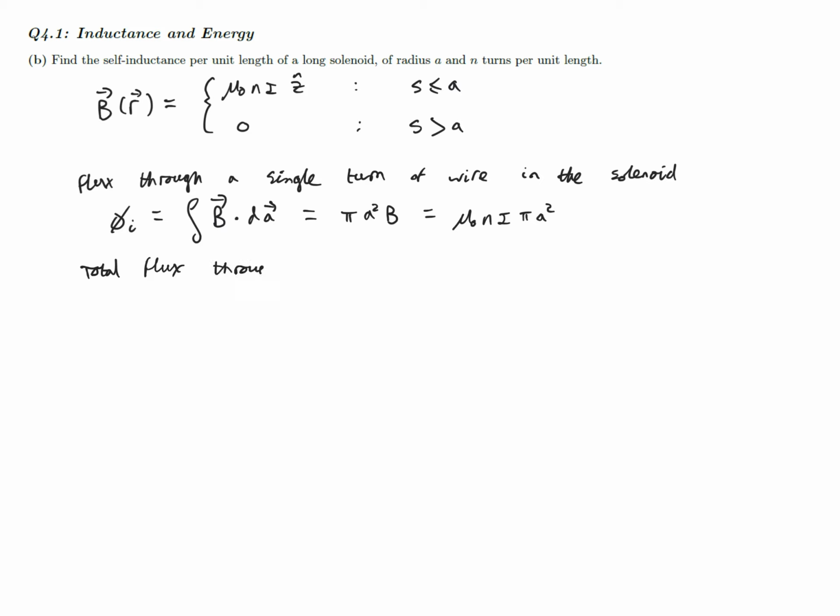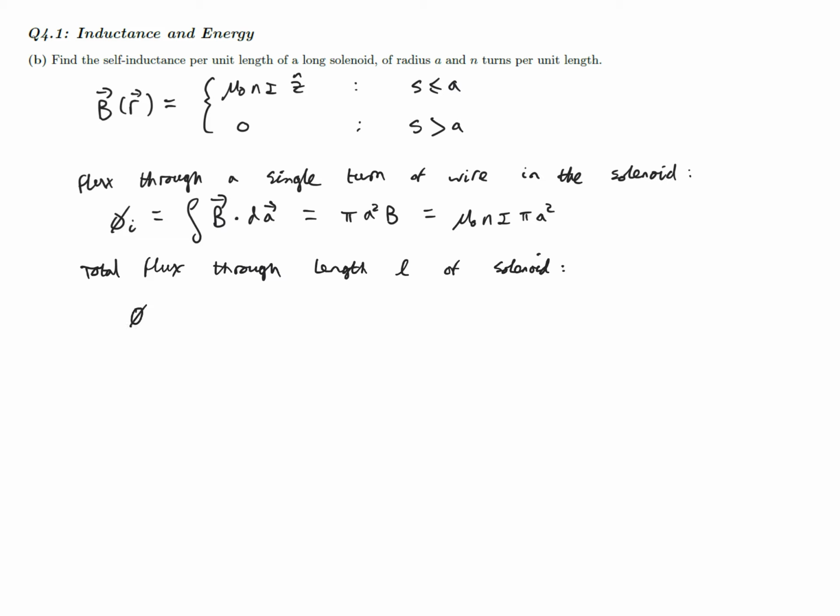And therefore the total flux through, let's say, length L of the solenoid. I have to specify a length L because what I know is the turns per unit length, right?